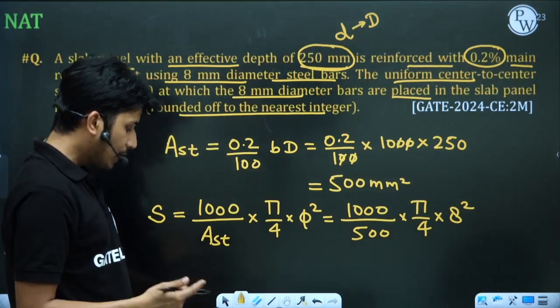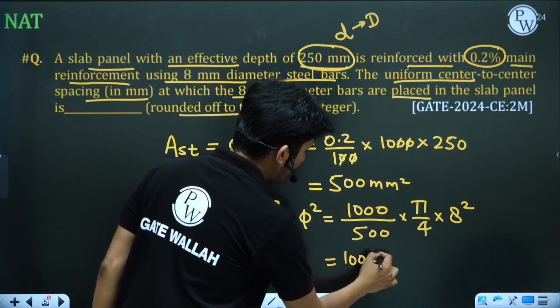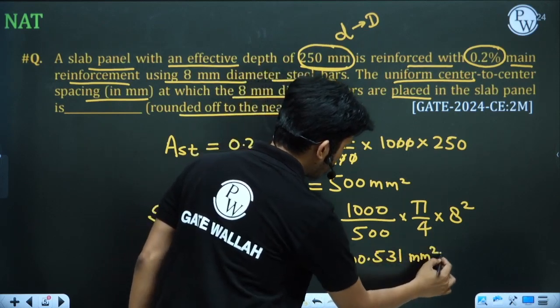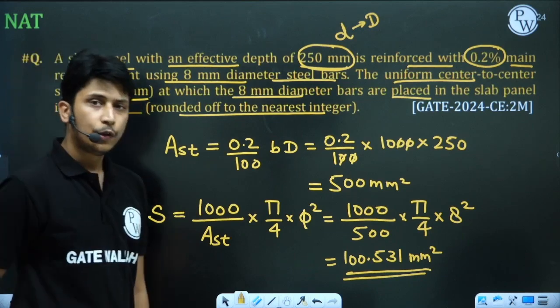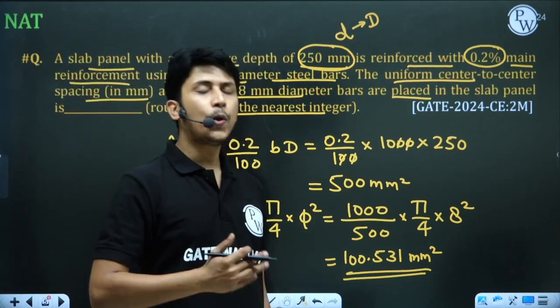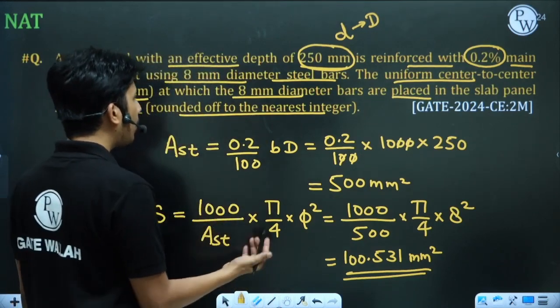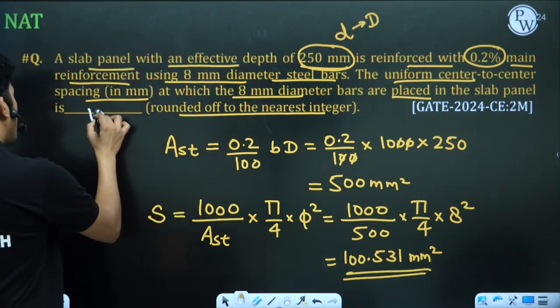This value is coming out to be 100.531 mm square. So you can give the answer as 100 or you can give the answer as 101. Because this is coming out to be near about 100, if I were you, I would have given 100 as the answer.